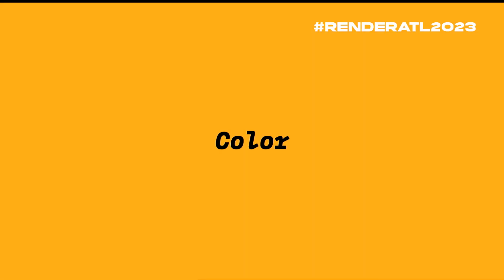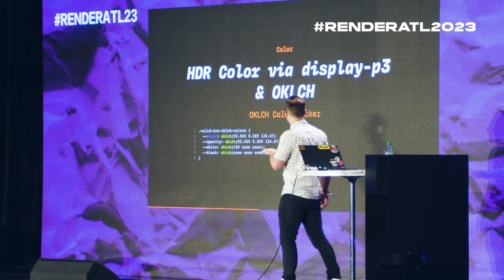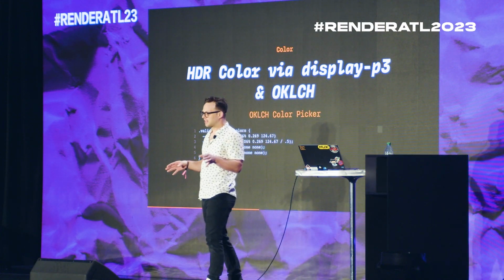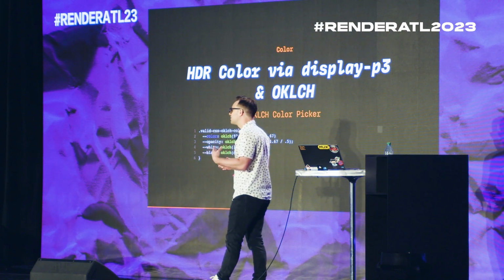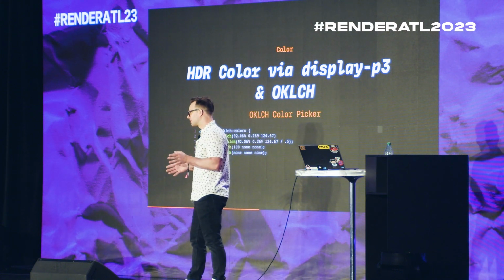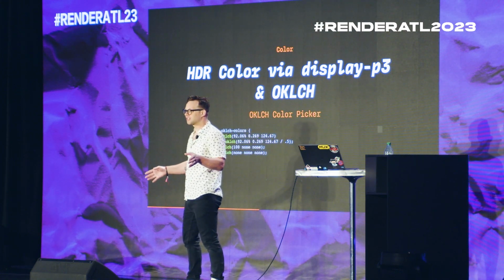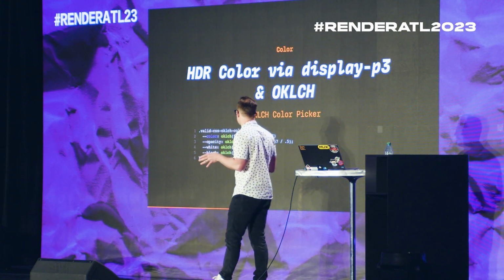Okay. Next up is color. There's a lot of cool stuff in color. It's going to be hard to show you with this display color, but there's a lot of really neat stuff. One of these things is that when I first started in CSS, you had very limited options for color. You had a handful of colors, and these were like web-safe colors that you could use.